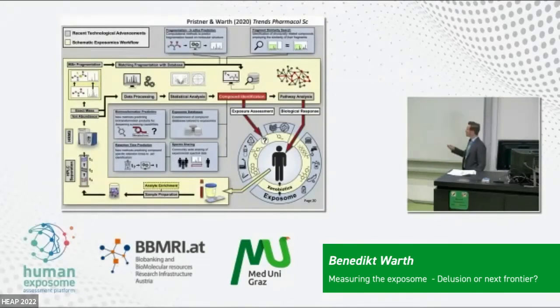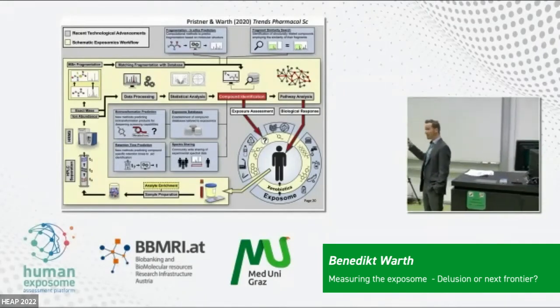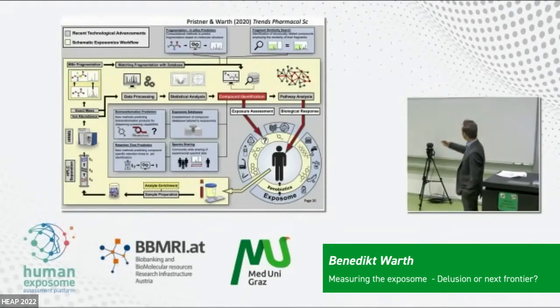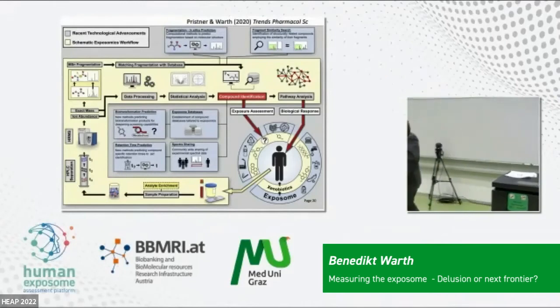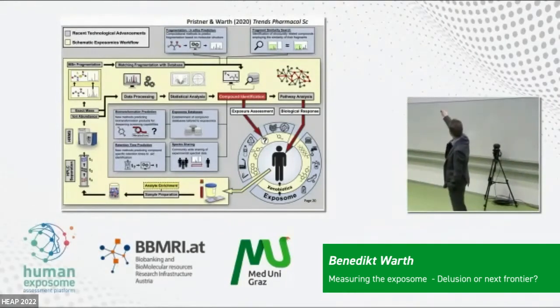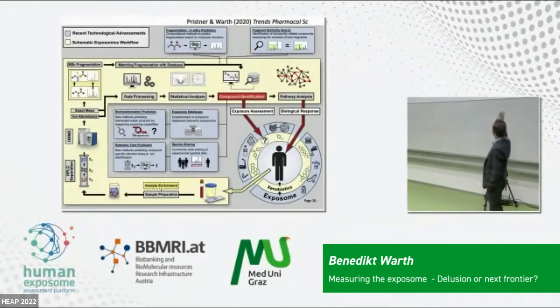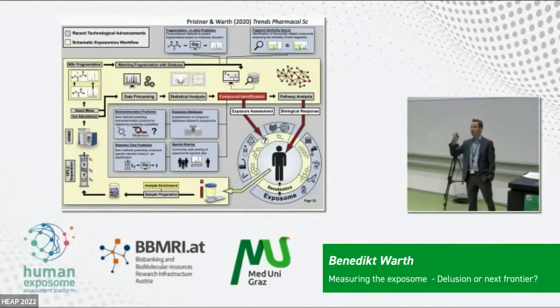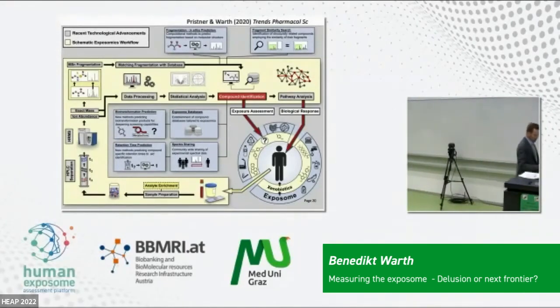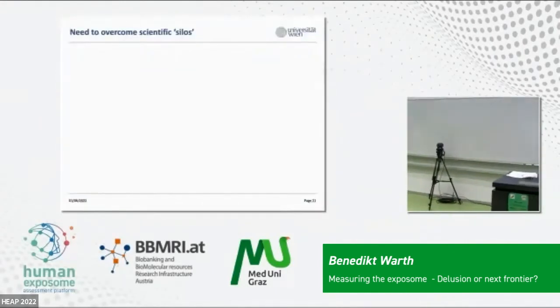And just to show you, this is from one of our newer publications on how such a high-resolution workflow looks like. I mainly covered here this yellow part of the sample treatment and separation and so on, but all this data processing and so on is really a huge challenge where a lot of investment is needed and where we all need to work together.